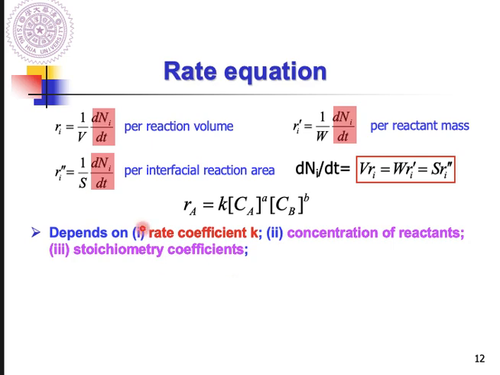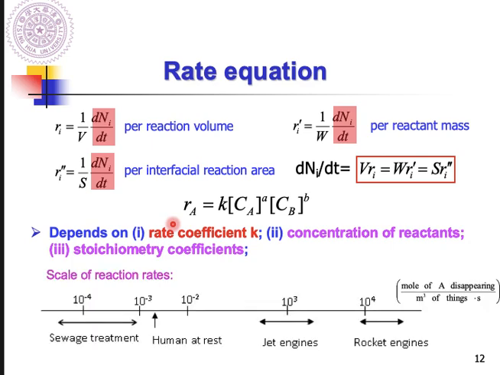But next, in your textbook, he wants to show you some scale about the reaction rate, meaning how slow or how fast your rate equation is. So they give you some examples, and the unit here will be the consumption rate of reactant A per cubic meter.